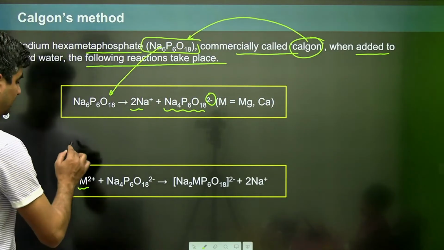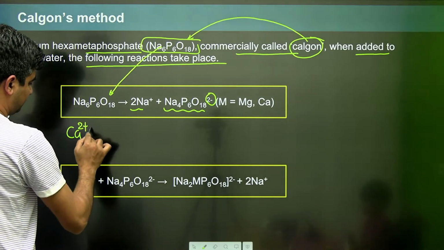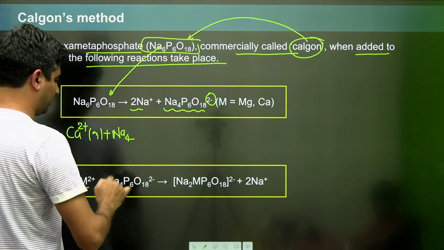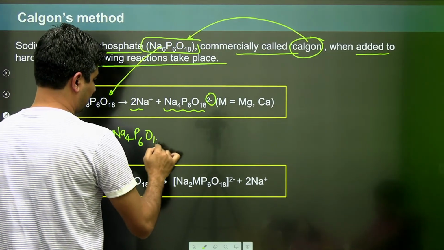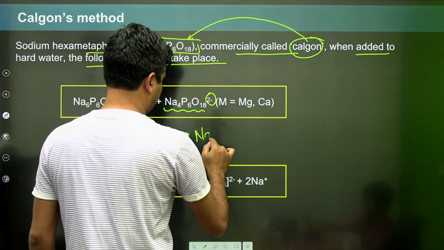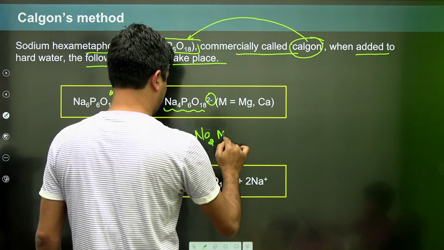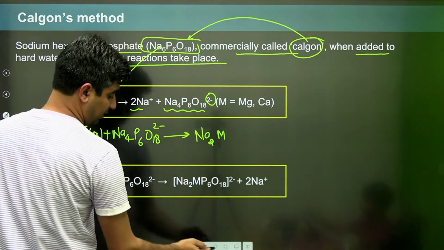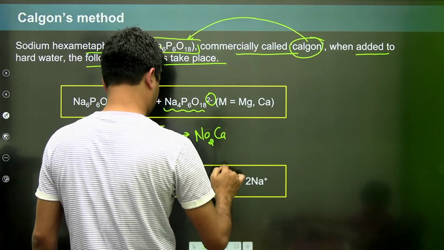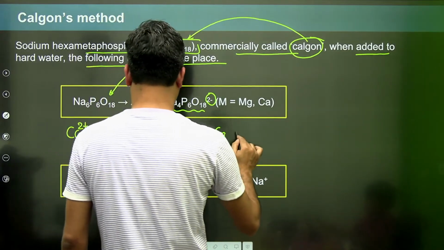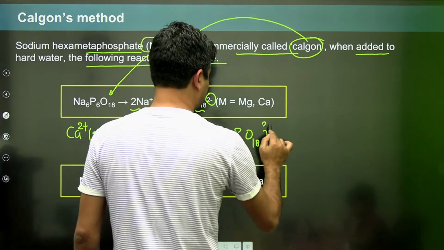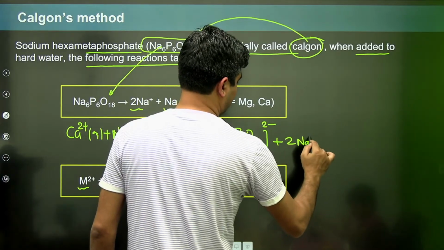So here I can write Ca2+ plus Na4P6O18 2-, and on reaction it will give you Na2 M, so this M is basically Ca, P6O18 2-. So look what has happened here.